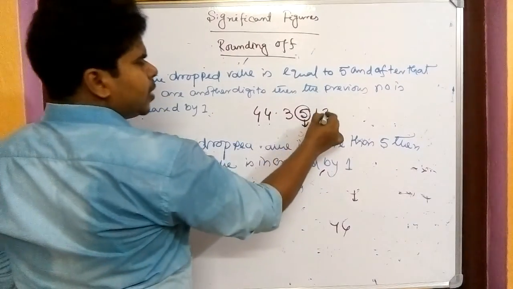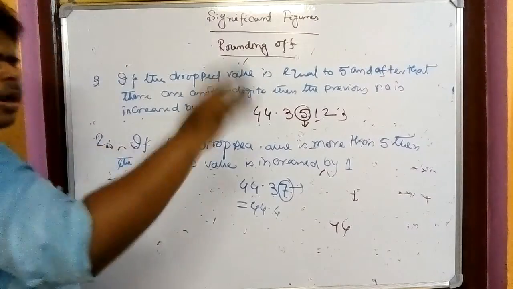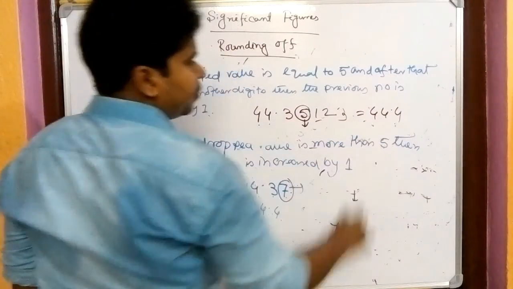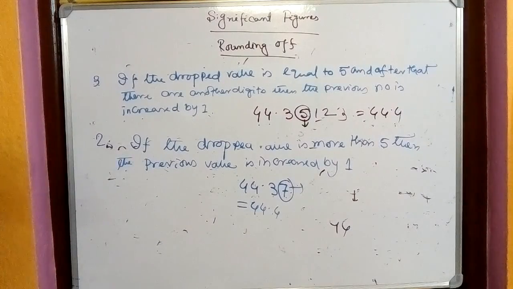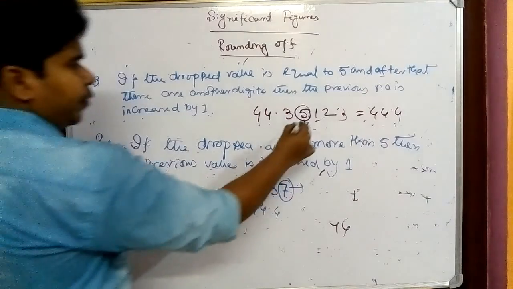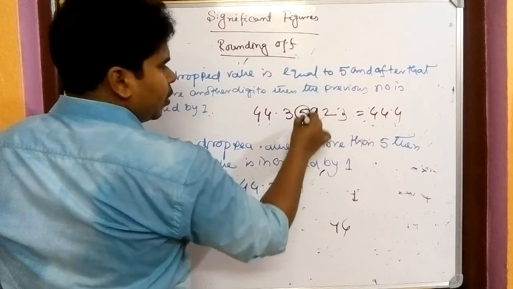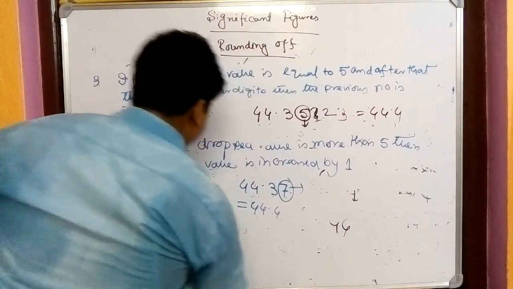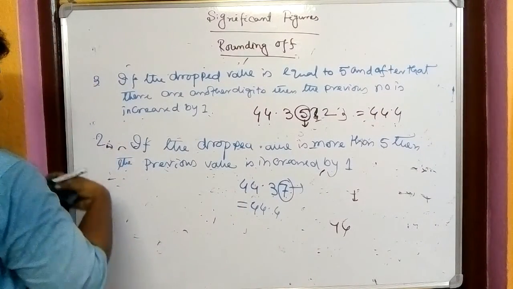If there is 1 digit or 2 or 3 digits, whatever it may be, the previous number will be increased by 1. That is 44.4. That is the rule. Now we'll go for the next.